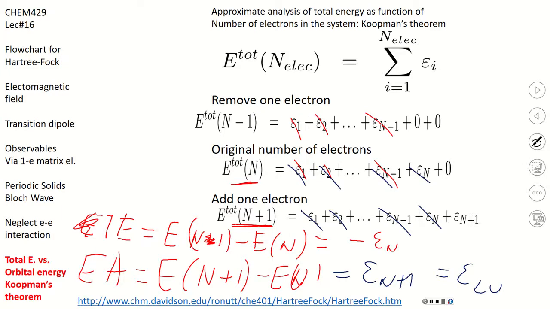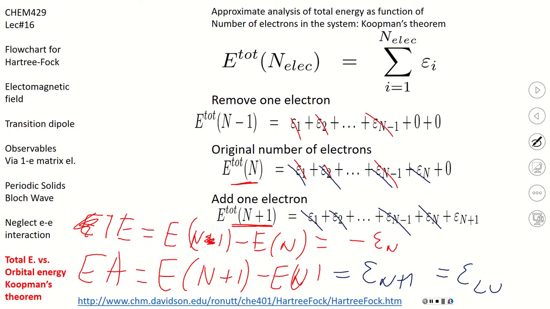Right? If it is cation, then at this position we have 0, and we end our summation at n minus 1. If you have an anion, then at the next position we have energy of orbital n plus 1.